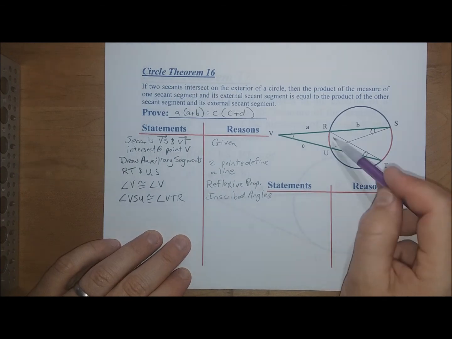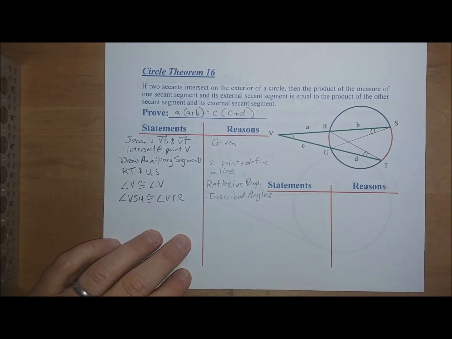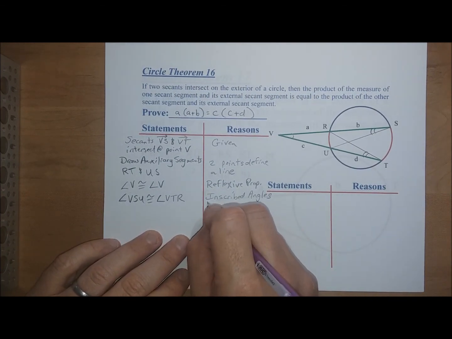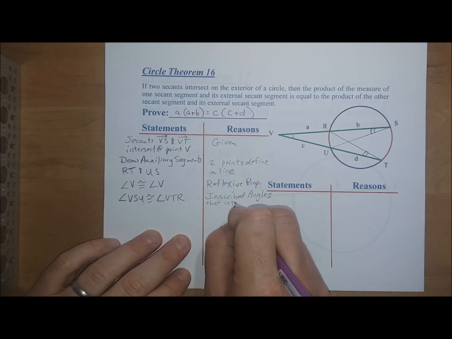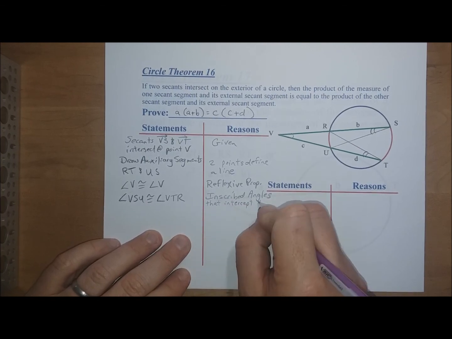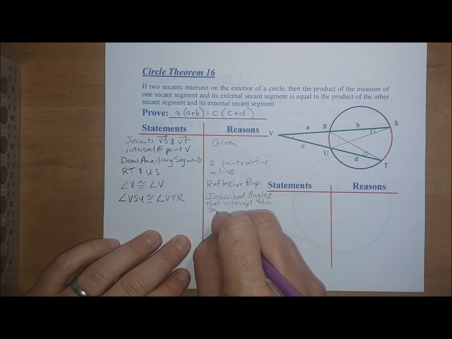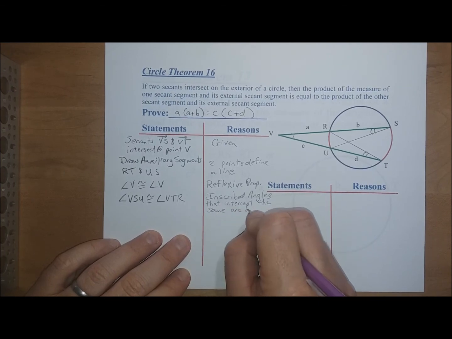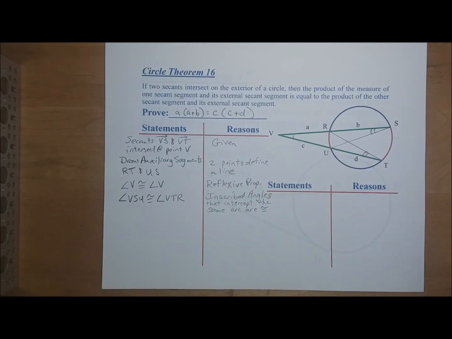They both intercept arc RU. So they must be congruent to one another. Inscribed angles that intercept the same arc are congruent.